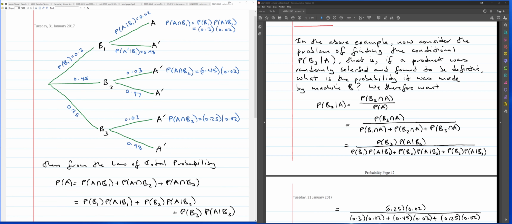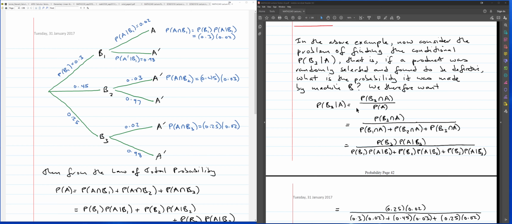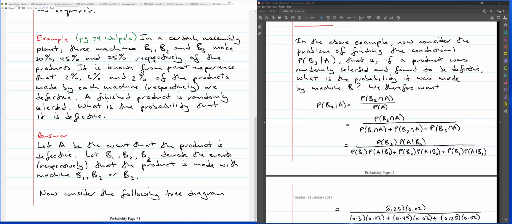Now Bayes' theorem, if you want, is sort of an extension of law of total probability. In Bayes' theorem you will use law of total probability. To give you an idea what Bayes is, I'll continue with this example with the products being made by 3 machines, where we're interested in if our product is defective or not.